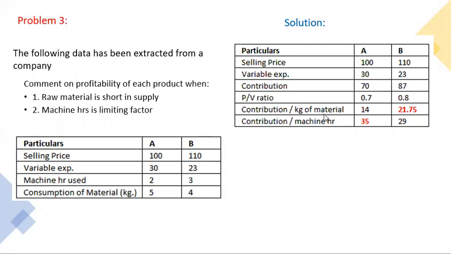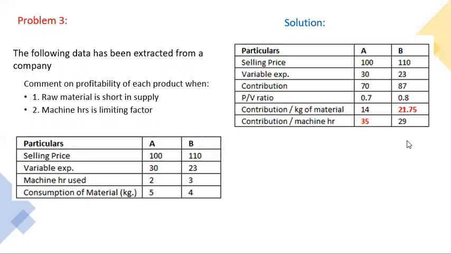Contribution per kg of material: we are calculating it by dividing the contribution by the raw material consumed. 70 divided by 5 gives the result 14. And similarly here 87 divided by 4 kgs of material, and here we are getting 21.7.